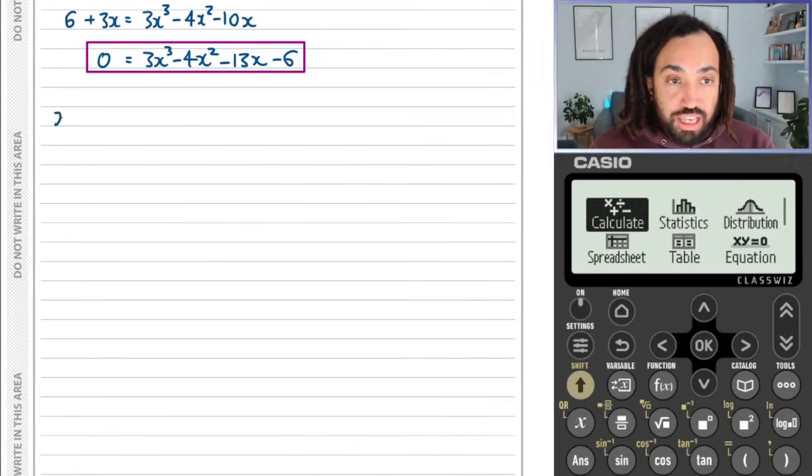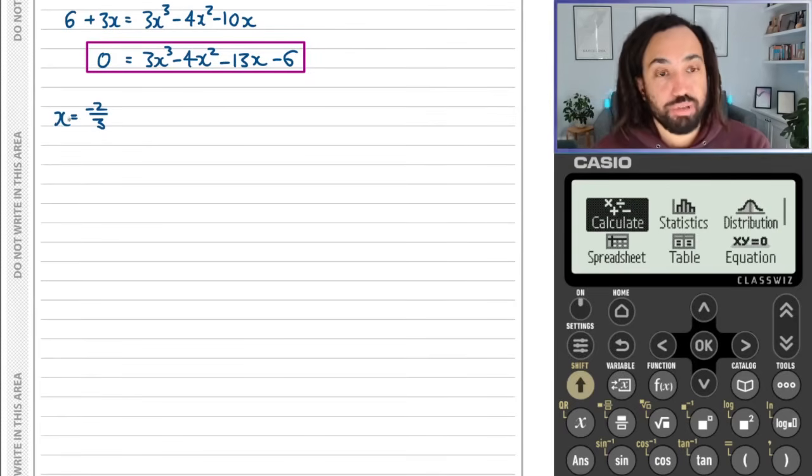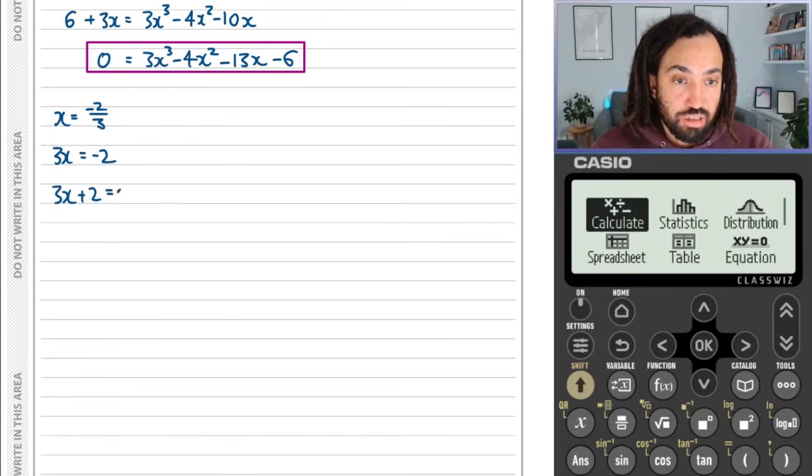Okay, so we know that x is equal to minus 2 over 3 is a solution. Now if we can change this equation so that it equals 0, then we'll be able to find out one of the factors. So I'm going to times through by 3, and I'm going to add 2, and this means that 3x plus 2 is a factor.